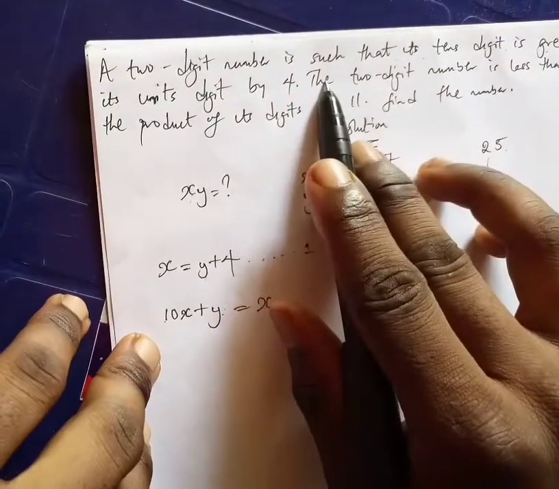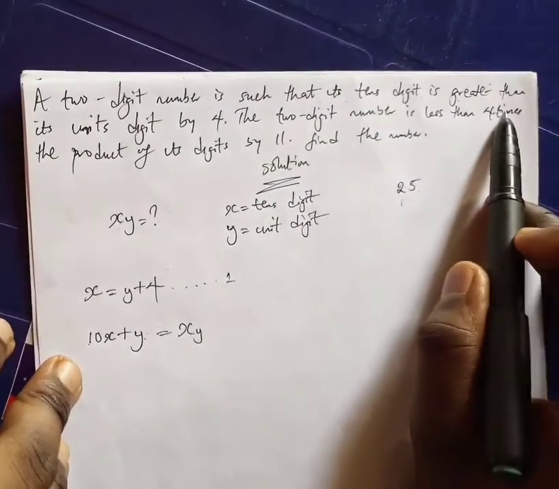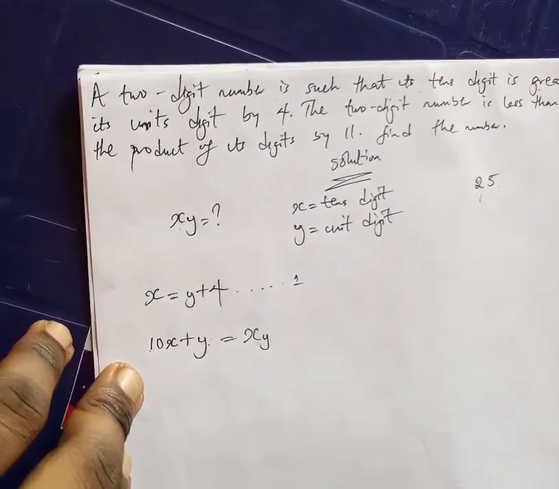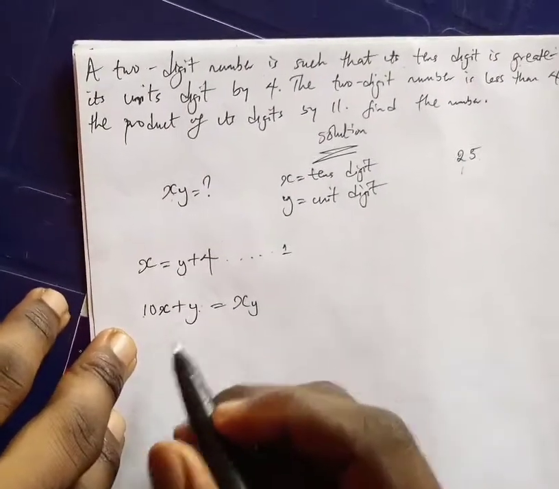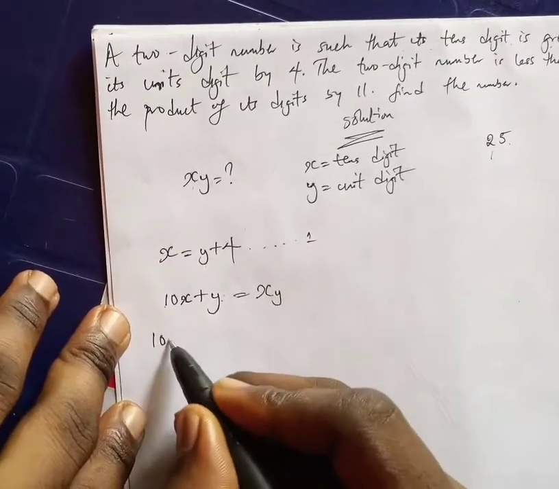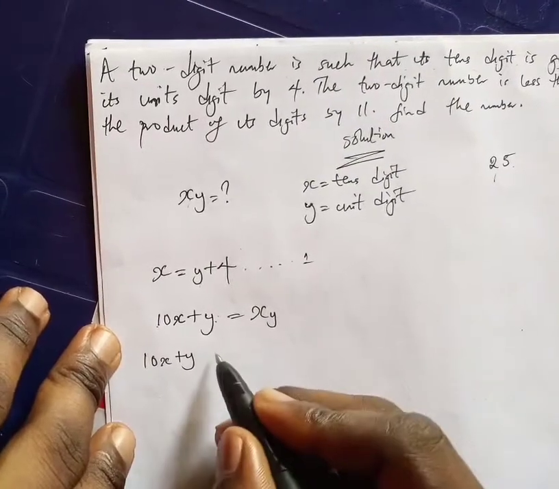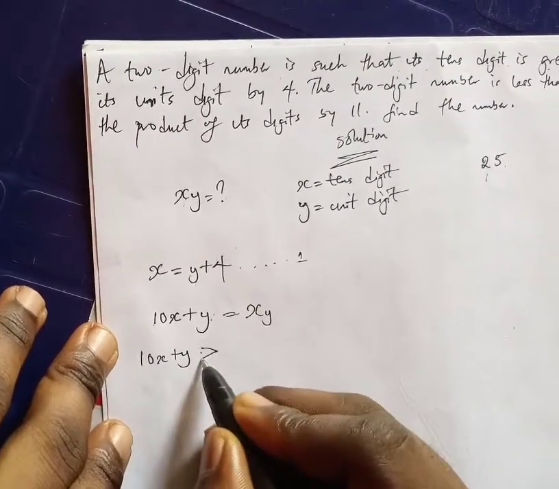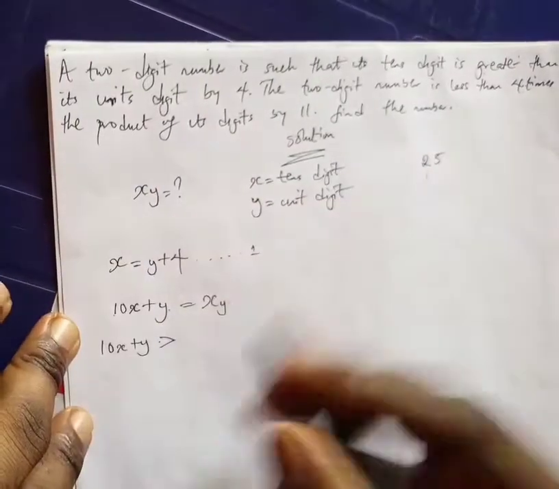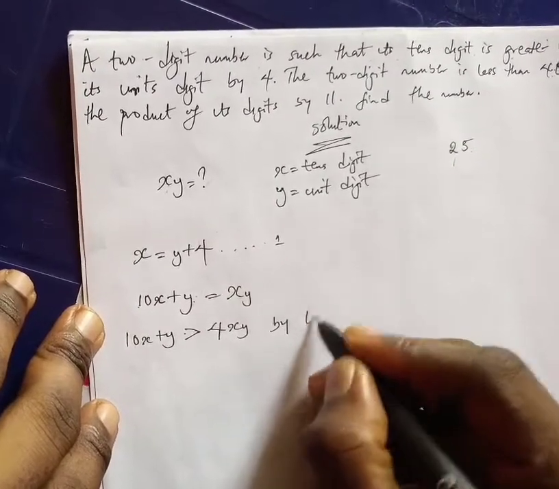Okay, now let's go to the next line. The two-digit number is less than 4 times the product of its digits by 11. Now I can interpret this by saying 10x plus y is less than 4 times the product of its digits, which is x and y, by 11.